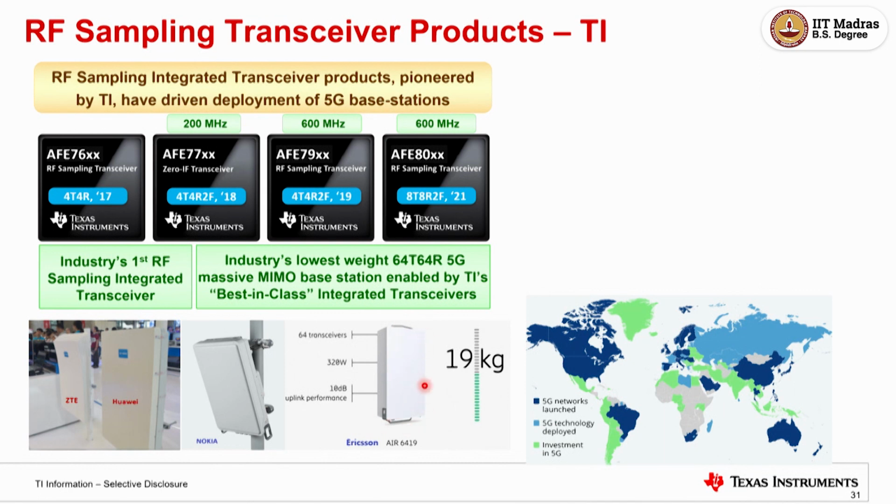It actually weighs only 19 kgs. They have that as a benchmark. Typically the older base stations used to be 40 kgs, 50 kgs, you can't carry. 19 kg is something one user can carry, and then you can just put it onto any fixture that you want. So it has evolved from where things were in 2017 to where we are in 2033.